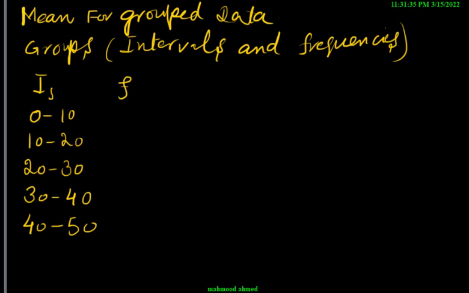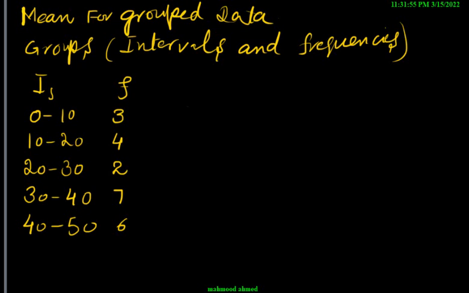Let's say the frequency of the first interval is 3, the second interval is 4, the third interval is 2, the fourth interval is 7, and the frequency of the next interval is 6.